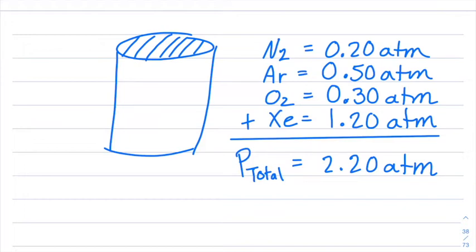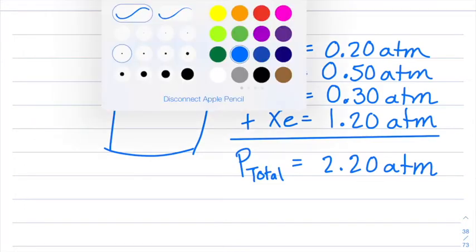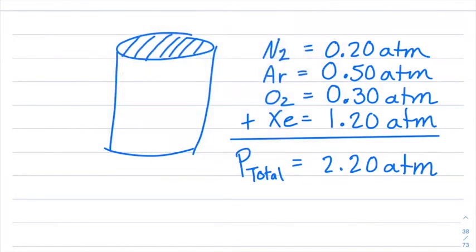Now, when we talk about each gas individually, there's a notation we use, and that is putting a P right here. So what I just did with that PN2, that is saying partial pressure of nitrogen. That means it's the pressure that nitrogen would exert if it was all by itself in that container. I can also say the P for argon, the P for oxygen, or the P for xenon.